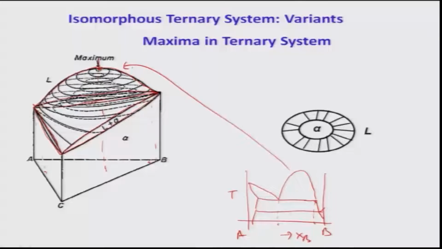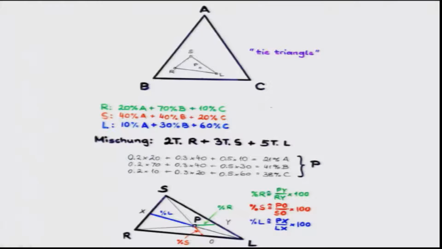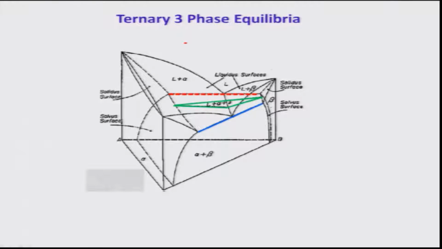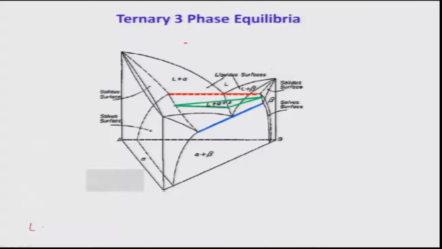So, now I am going to move into the section which is important, what is known as the ternary three-phase equilibrium. Now, in a binary system, what is the meaning of three-phase? Three phases can coexist in a binary system when the degrees of freedom is 0, like in a eutectic. In a binary system, you have a eutectic, liquid going to alpha plus beta.